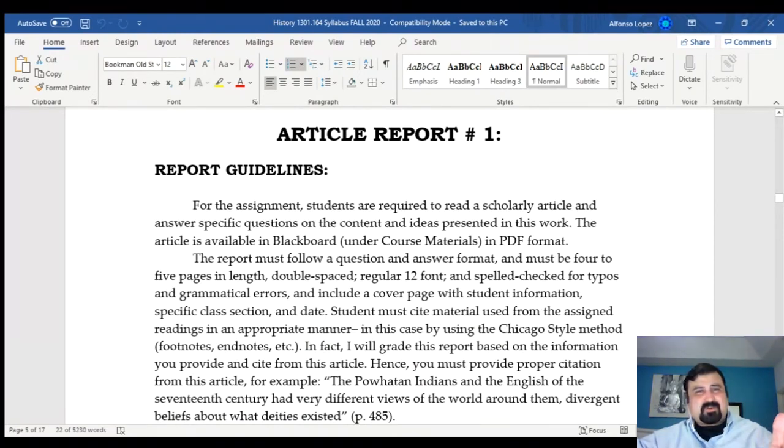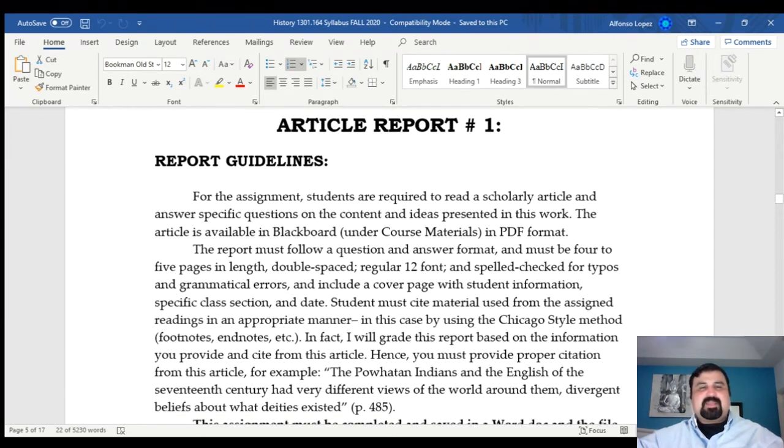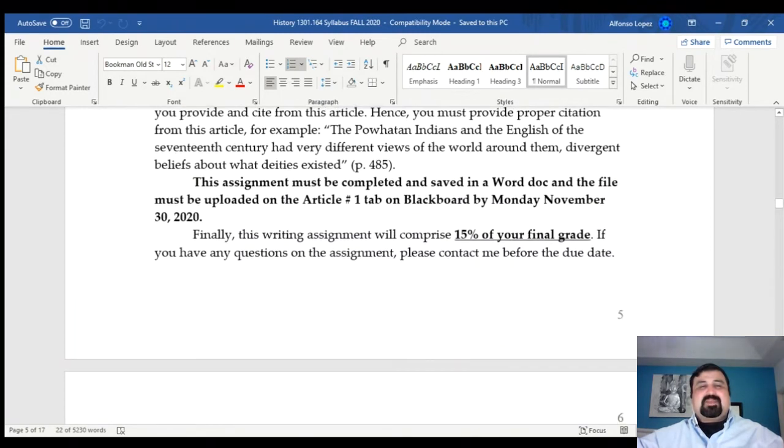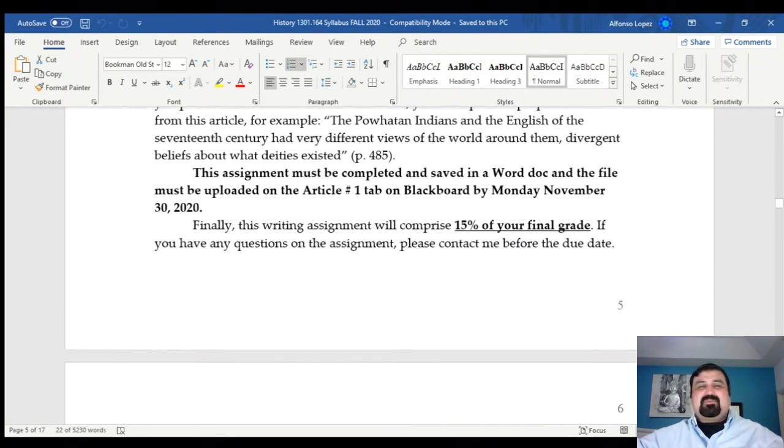Article Report number 1 is very simple. Even in the syllabus itself, you can find the instructions. It tells you how to go about writing it, the format, etc. And it tells you that you're supposed to read this article, The Powhatan Indians and the English of the 17th century.